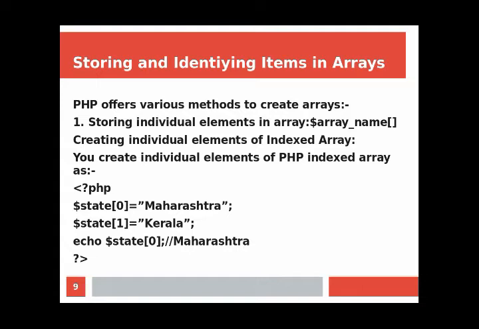Here we write a small program, PHP first statement, that is $state in bracket 0, and the value is Maharashtra. $state 1, again here value is Kerala. And when we print with the echo statement, that is echo $state 0, then it will print the Maharashtra value.